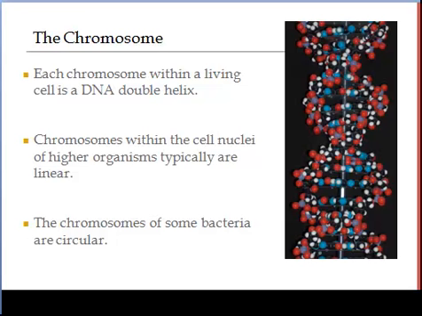If we look at the simple structure again as a review, if you recall, DNA is wound up into a tight structure called a chromosome. Each chromosome of a living cell is a DNA double helix. The atoms that make up the DNA are organized into two primary molecular components.